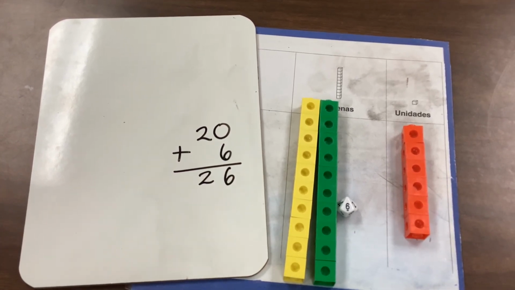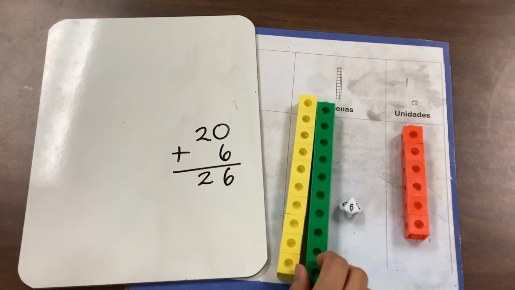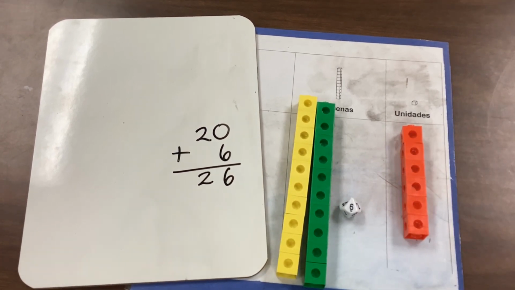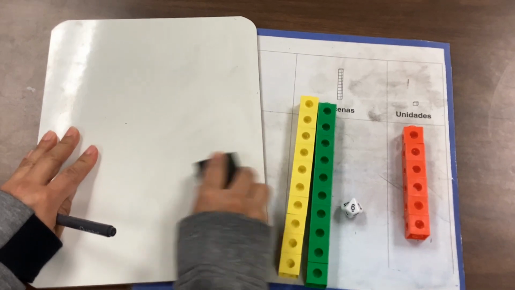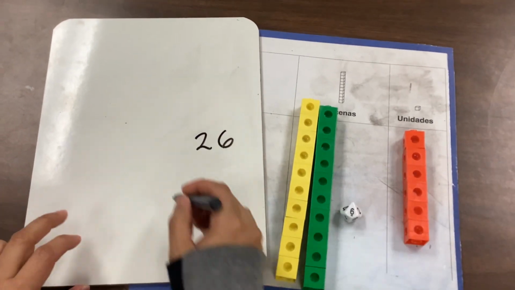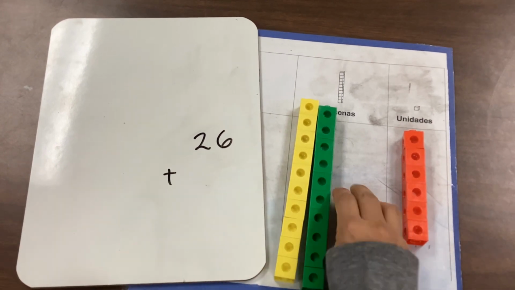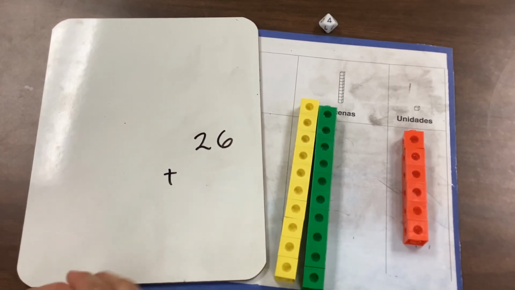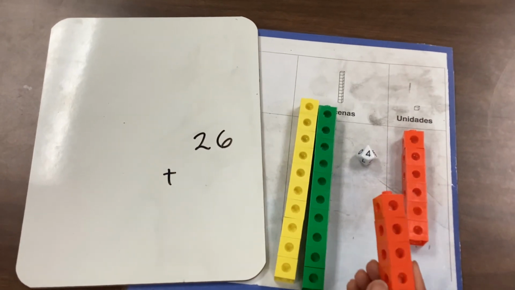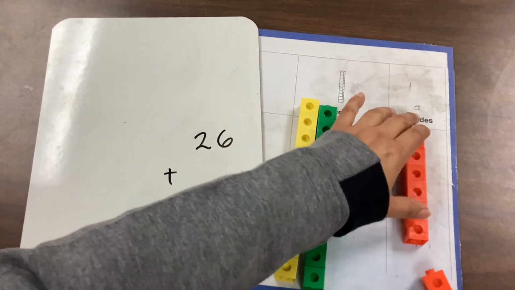In total, I have 10, 20, 21, 22, 23, 24, 25, 26. So my next addition starts with 26, which is what I have now. And then I roll my dice, and I got 4 more.